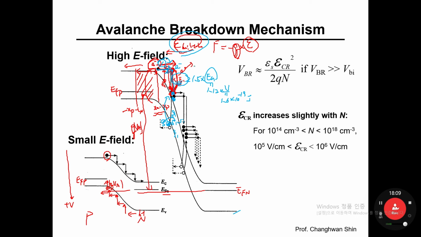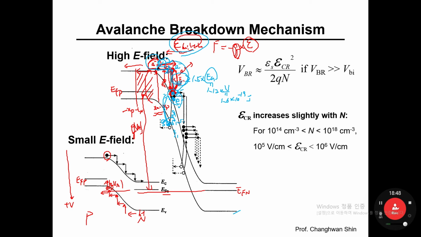But that lost kinetic energy has been delivered to the electron which has stably existed in the covalent bonding between two silicon atoms. That electron would break and become loosened, then it becomes, in the end, a free electron. So a single electron would induce one more electron, so a total of two electrons are available at some point within the depletion layer.